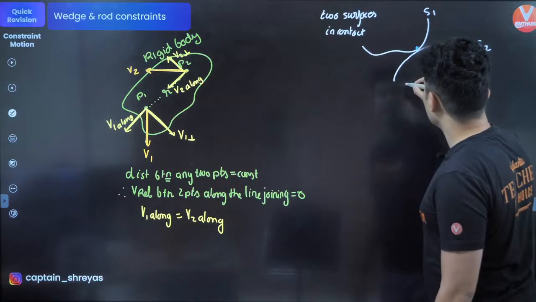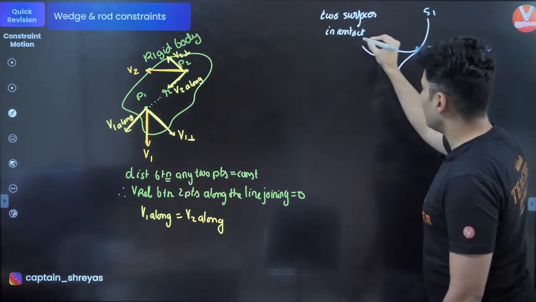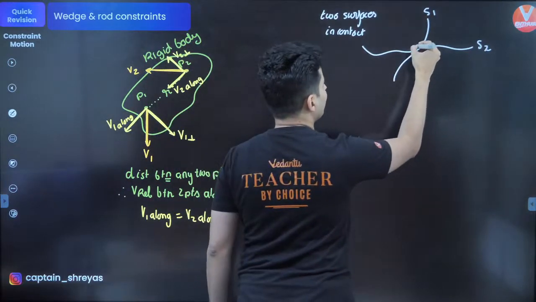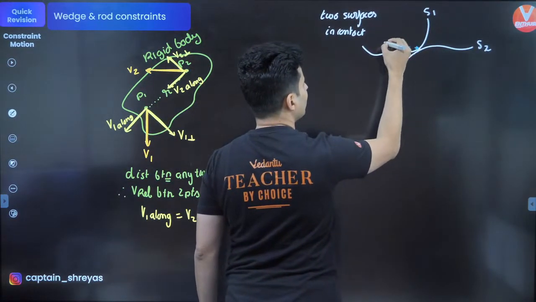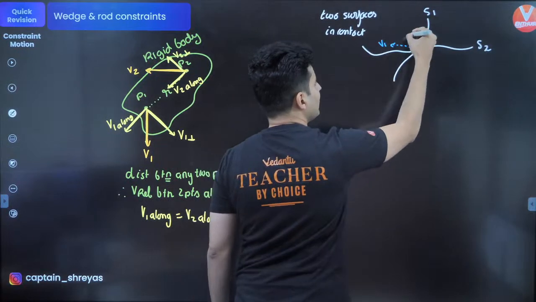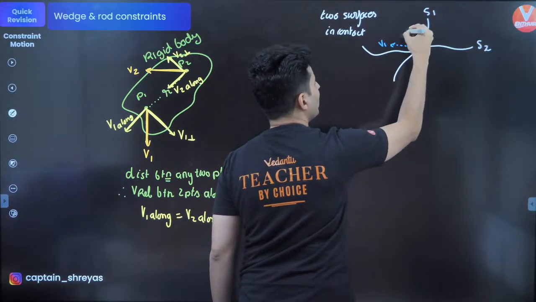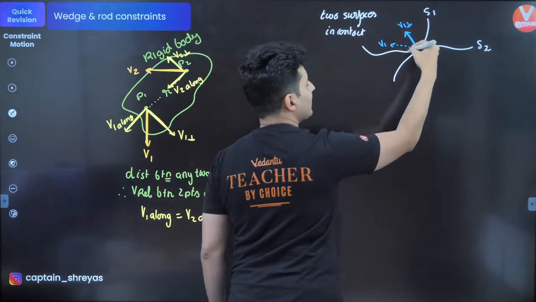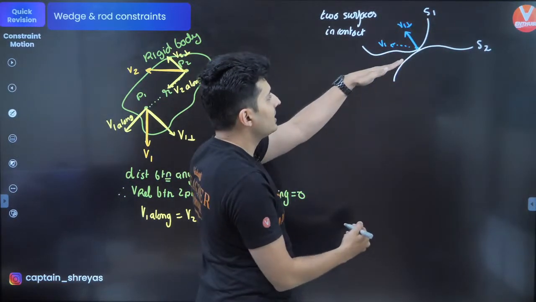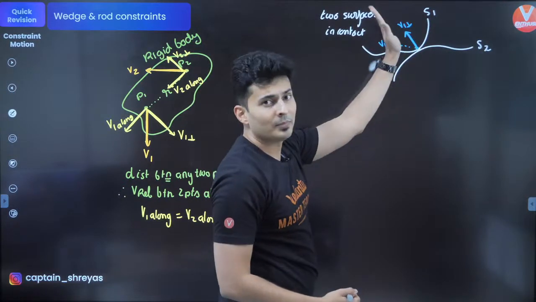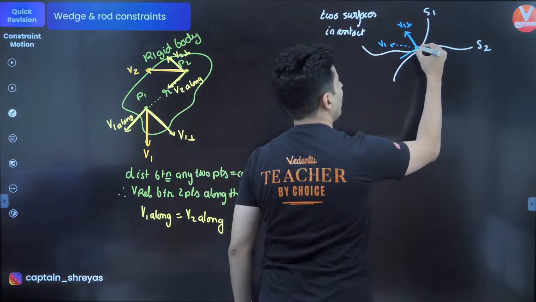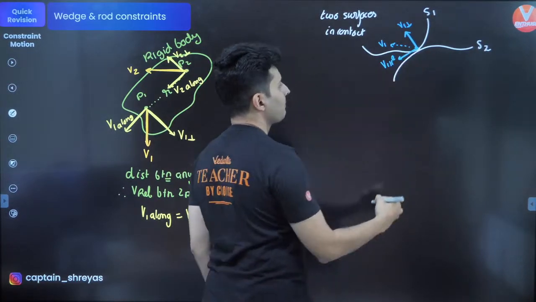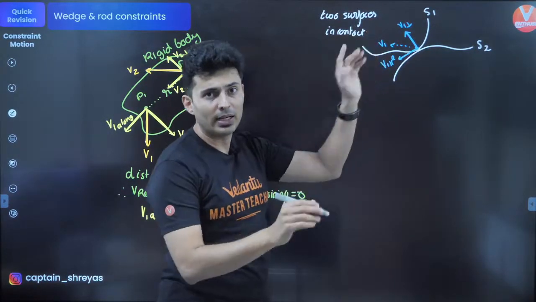Let's say this point has velocity V1. Split that velocity into two components. This is the velocity of 1 perpendicular to the surfaces. If this is the tangent, this will be the normal, and this point will also have another velocity which I can call parallel. V1 parallel, V1 perpendicular.